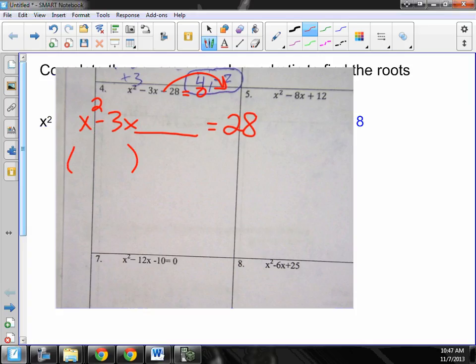What goes in my factor? Half of 3. Half of 3 is just 3 over 2. No, the I is when you get a negative on the other side. So 3 over 2 times 3 over 2 is 9 over 4 plus 9 over 4.